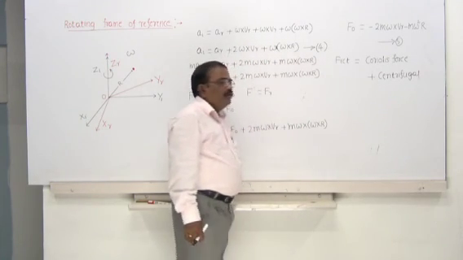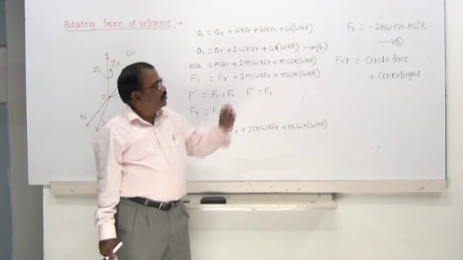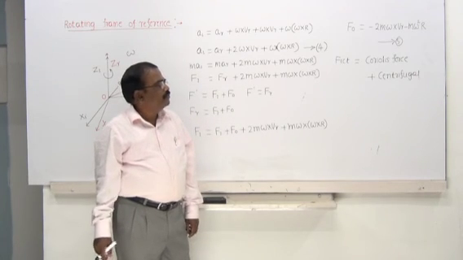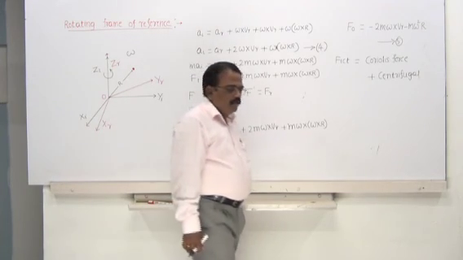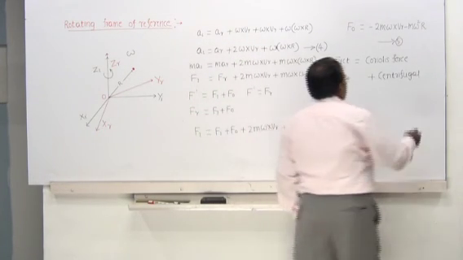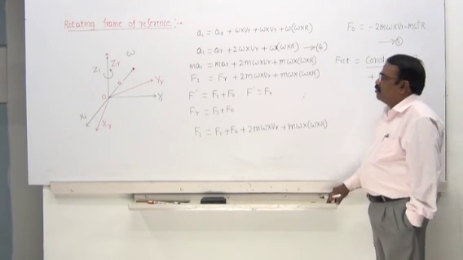So from equation 5 it is clear that the fictitious force is equal to Coriolis force plus centrifugal force. Now the important thing is, we have to discuss what this Coriolis force is.